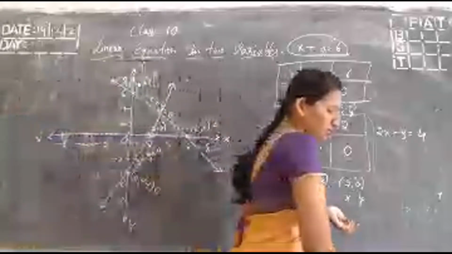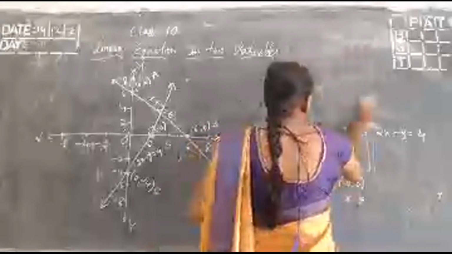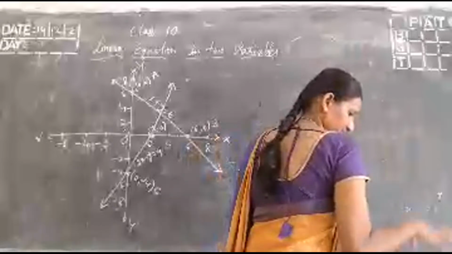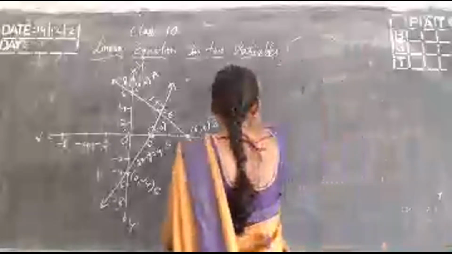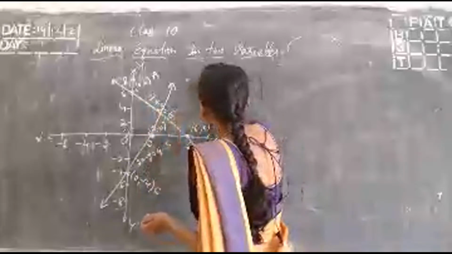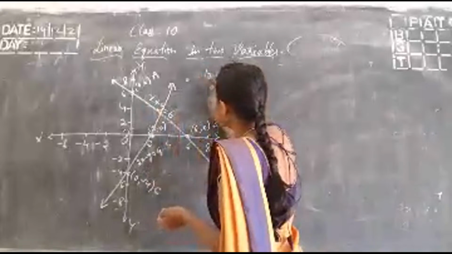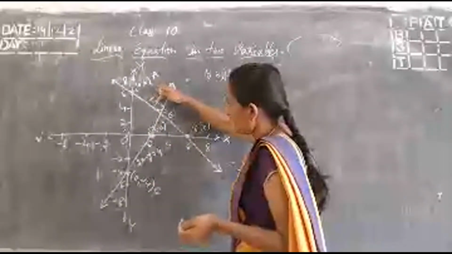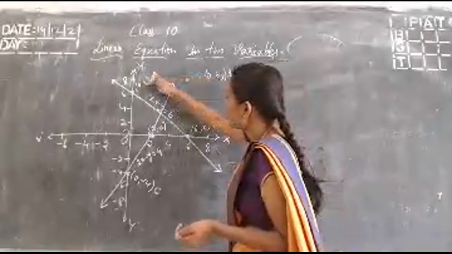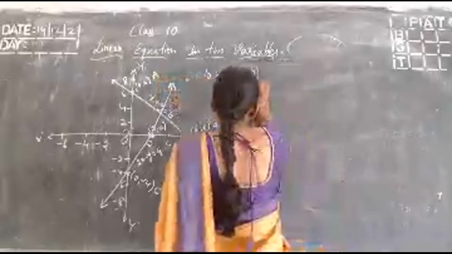So now, I am concluding that these 2 are the solutions of the equation, 0, 6 and 6, 0. These 2 are solutions of x plus y is equal to 6.